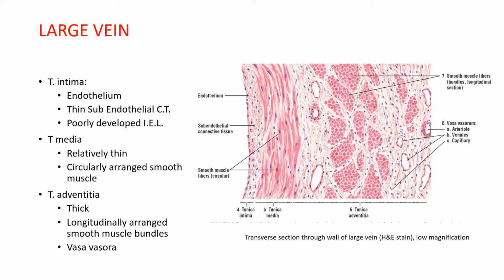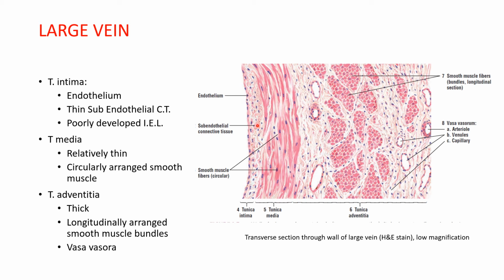Large veins are those which have a diameter of more than 10 millimeters. In the large vein, as you can see here in this transverse section of a large vein, again there is a tunica intima, that is the innermost layer, which is further made up of endothelium resting upon a basement membrane, and the endothelium is simple squamous cells.